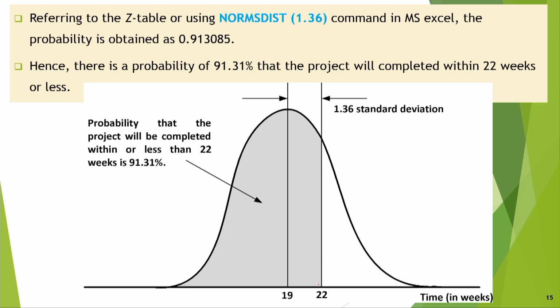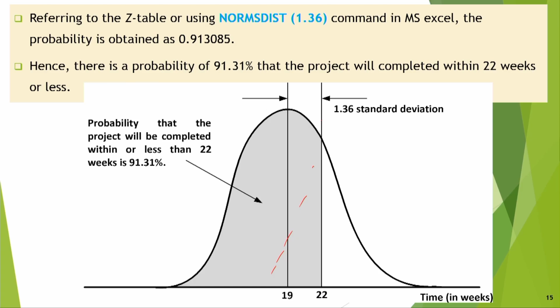So, we make a line: this is 22, and this is equal to 1.36 standard deviations. So, this area is basically 91.31% of the total area. So, therefore, that is the probability.